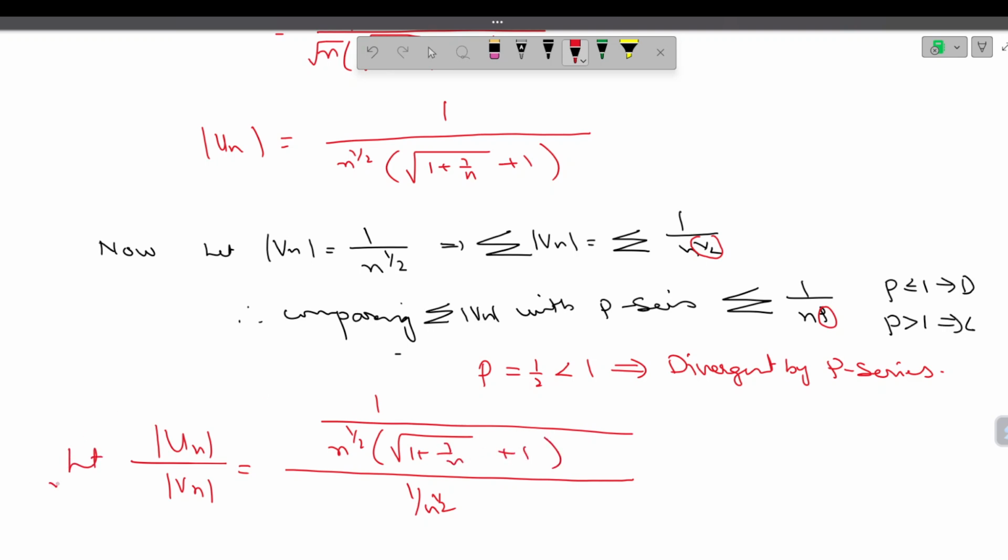Now apply the limit as n tends to infinity. The 1 by n to the power of half cancels, and 1 by n tends to 0. So root of 1 is 1, and 1 plus 1 gives 1 by 2. 1 by 2 is not equal to 0, so it is finite and non-zero.